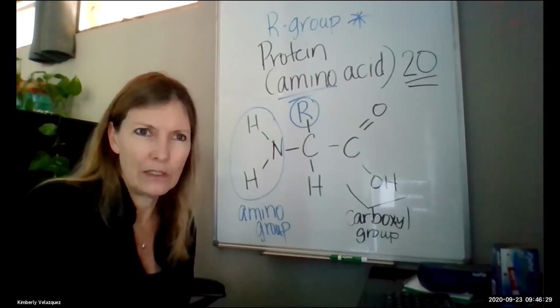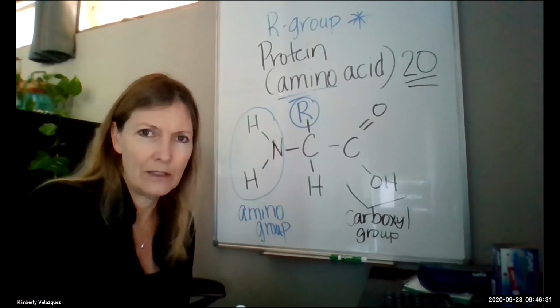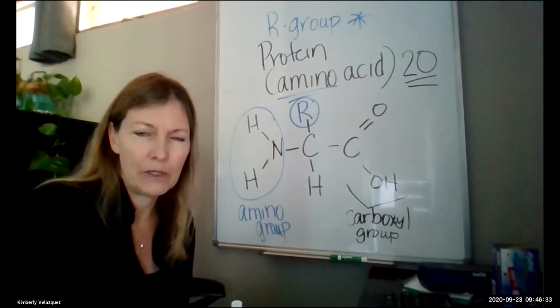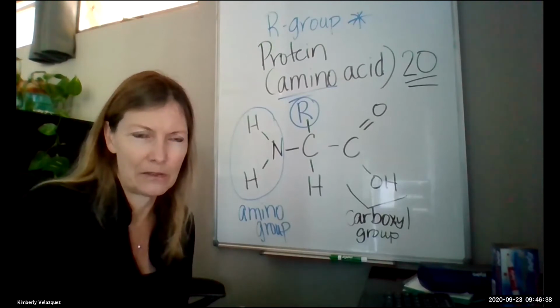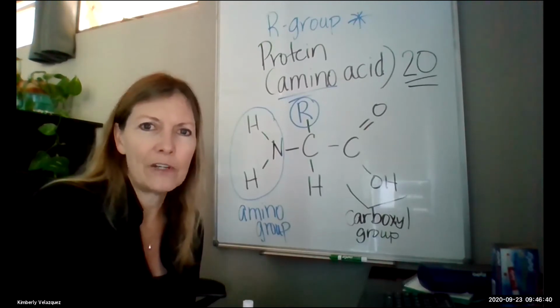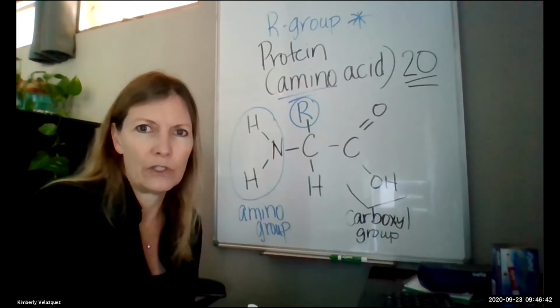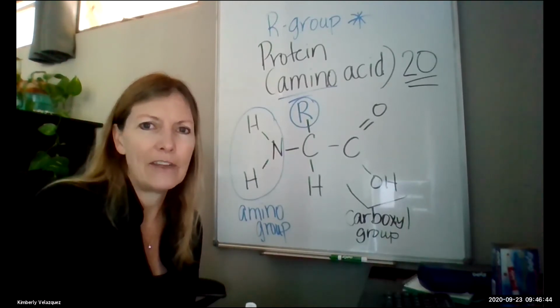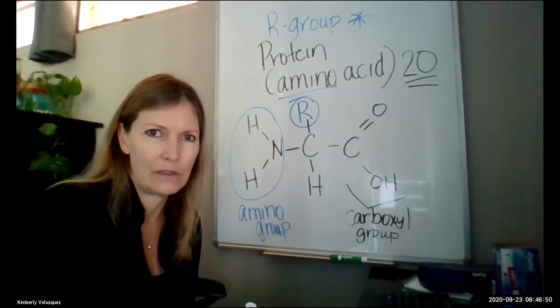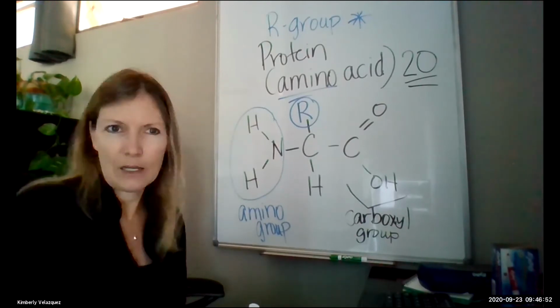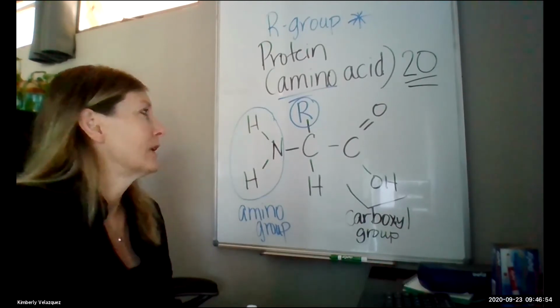For that protein to function correctly and have the correct shape, it has to have the correct sequence of amino acids. The basis for every single human genetic disorder is having a protein that doesn't function correctly because it has the wrong amino acid sequence. And we'll talk about how that happens too.